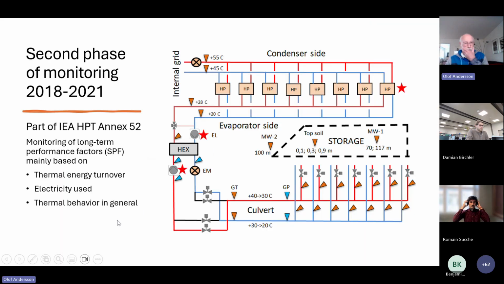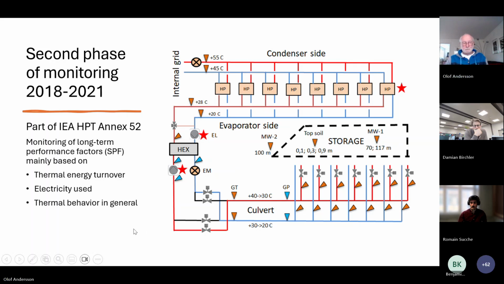The second performance evaluation was taking place 2018 to 2021. It was a part of Annex 52, as you can see here. It's instrumented with electricity, pressure, and temperatures everywhere.